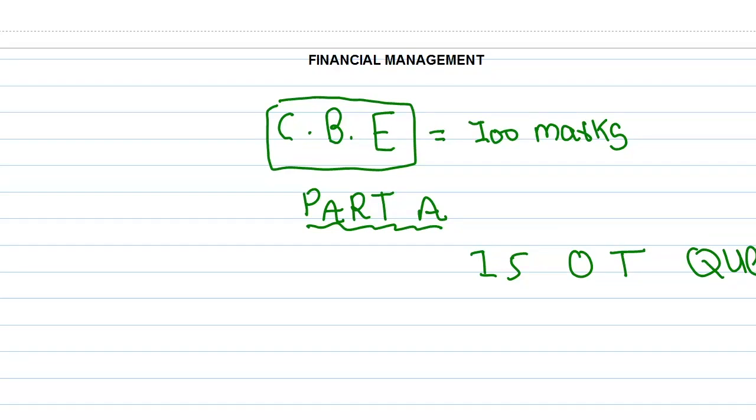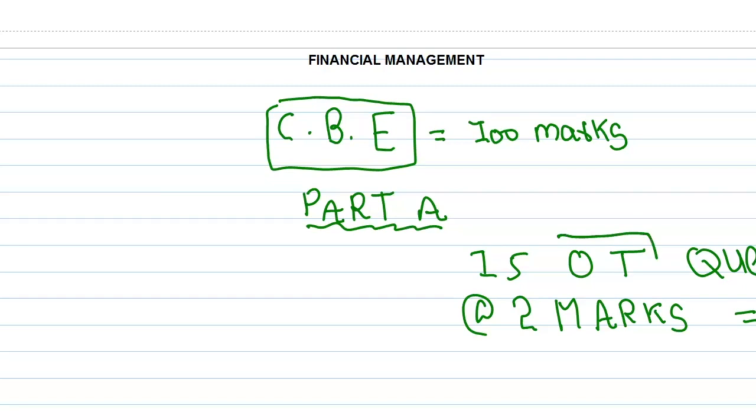Each question will consist of 2 marks. So that means 15 questions, each question is of 2 marks. So we have 30 marks in section A.